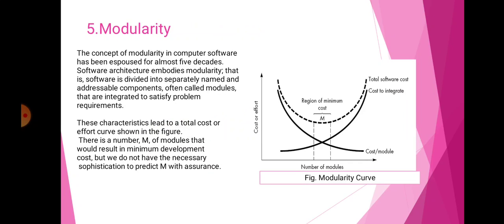Then fifth is modularity. Modularity is a concept in computer software engineering that has been espoused for almost five decades. Software architecture also embodies modularity, and that is, software is divided into separately named and addressable components, often called modules, that are integrated to satisfy the problem's requirements.